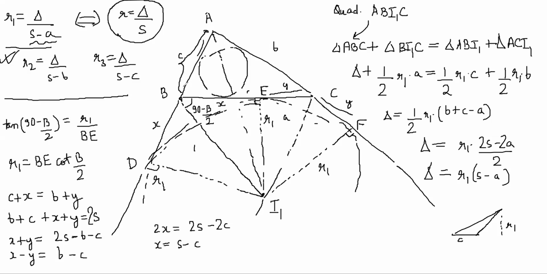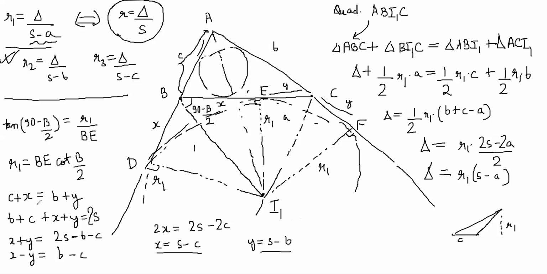And C plus X. Y should come as S minus B here. According to this, X is S minus C, Y is S minus B, right? Does that make sense? It seems to be correct from the equations.